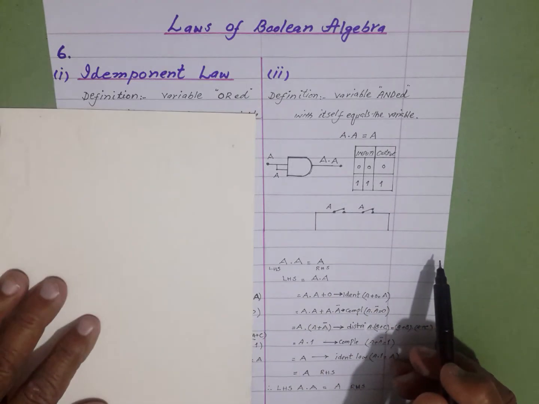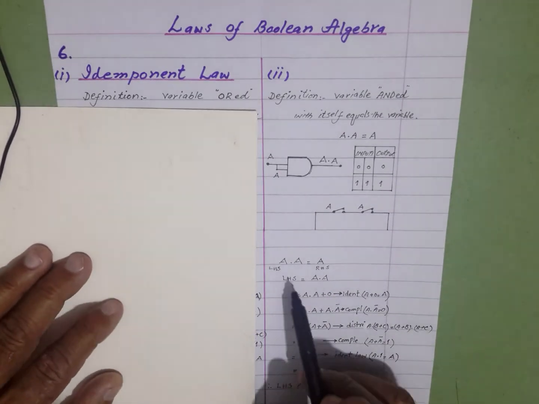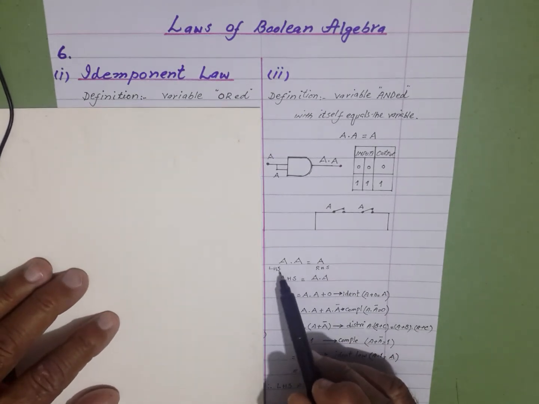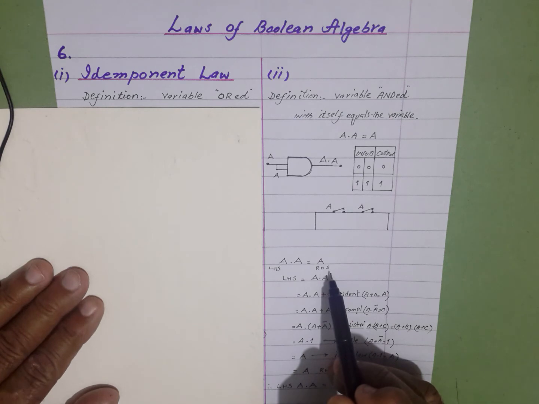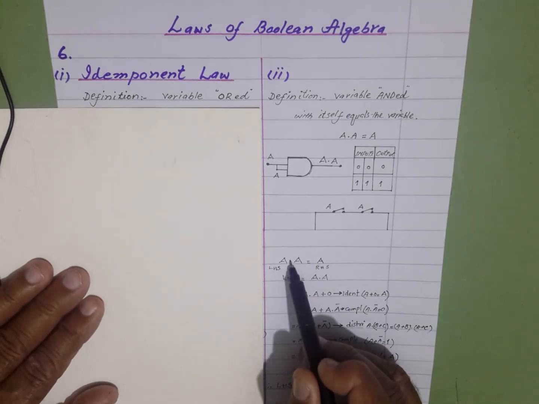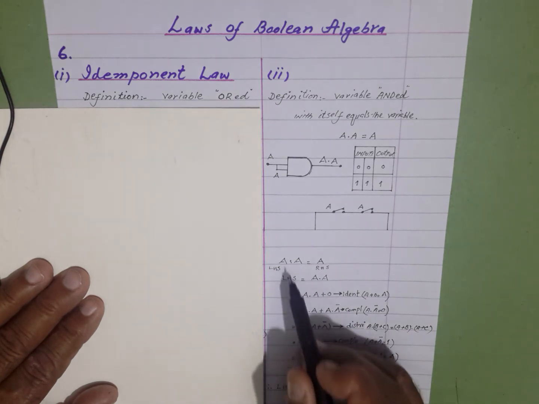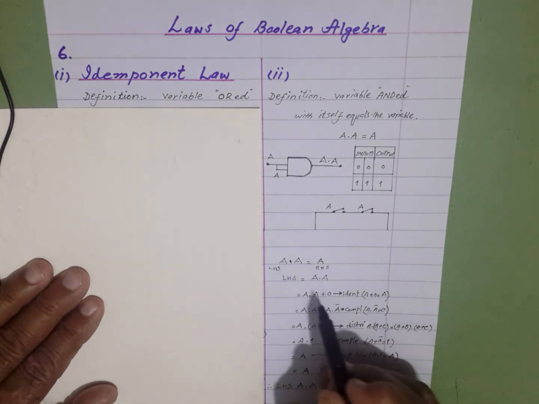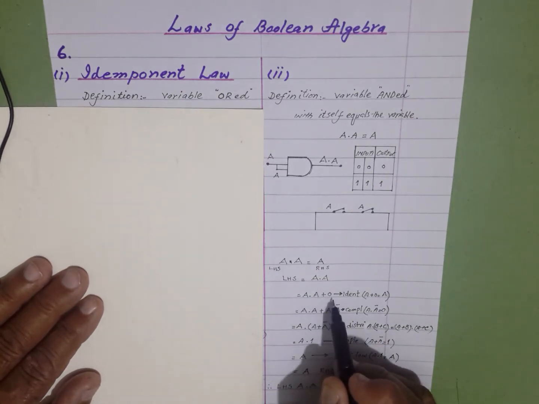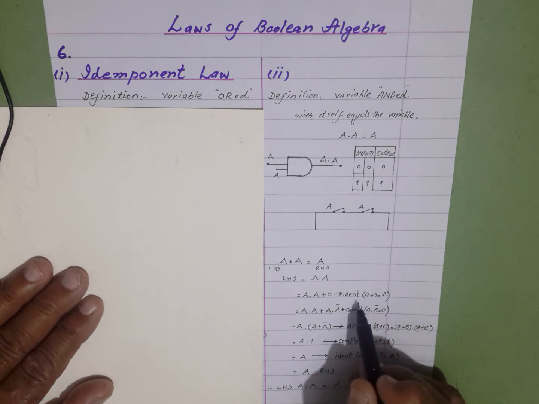Now let us prove with the help of Boolean laws. A dot A is equal to A. This is the LHS, left hand side. This is the RHS, right hand side. This time we are going to take the left hand side, which is A dot A. A dot A can be written as A dot A plus 0 by the identity law.